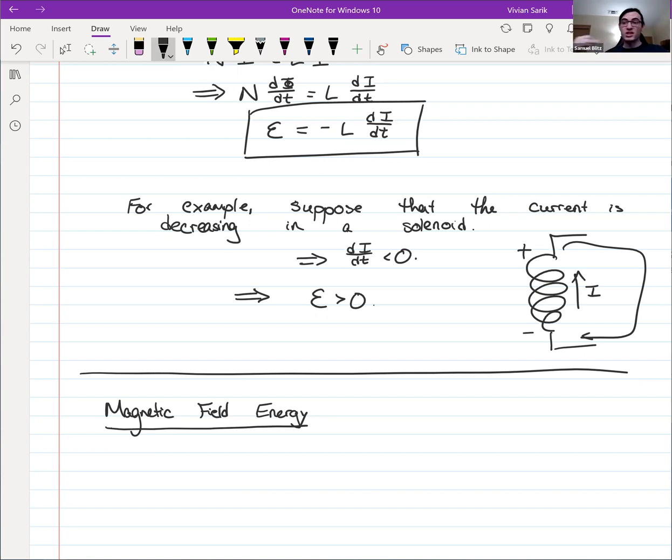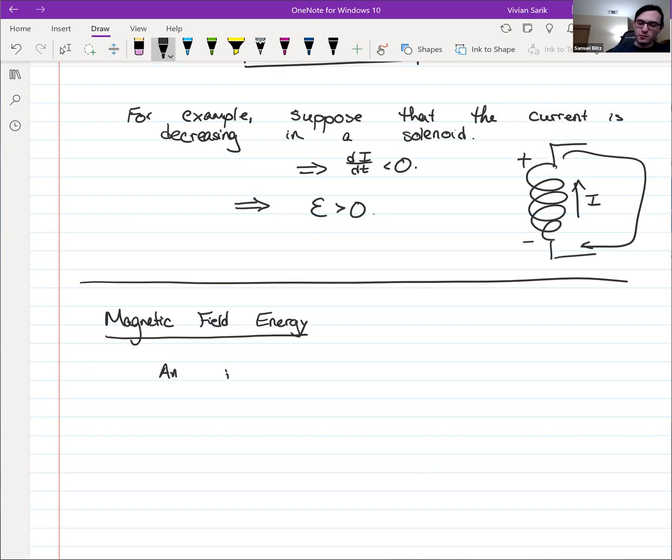So it turns out that just like a capacitor, an inductor stores energy in its magnetic field. So the question is, how much energy does it store?